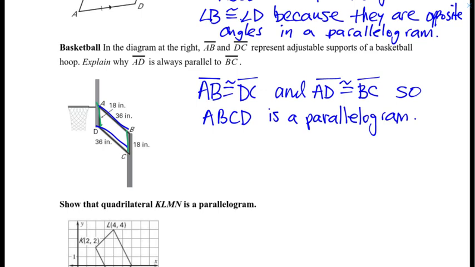So now that we know it's a parallelogram, well, one of the main characteristics of a parallelogram is that the opposite sides have to be parallel. So because ABCD is a parallelogram, AD must be parallel to BC because they are opposite sides of a parallelogram.